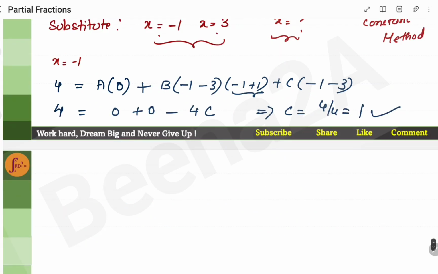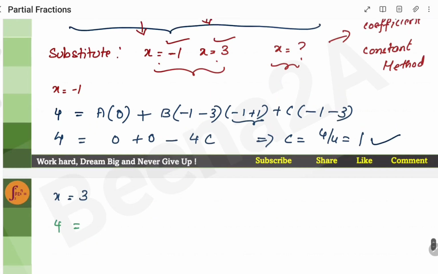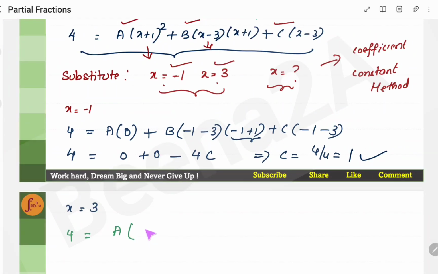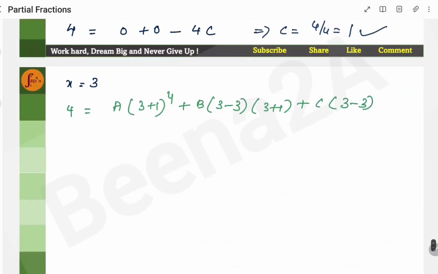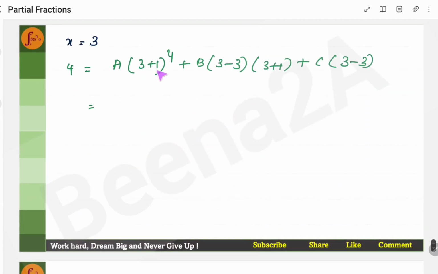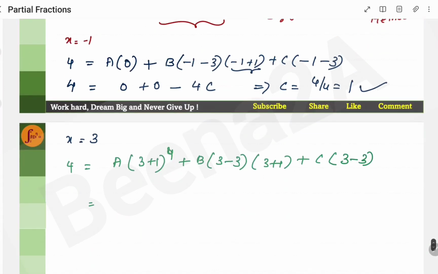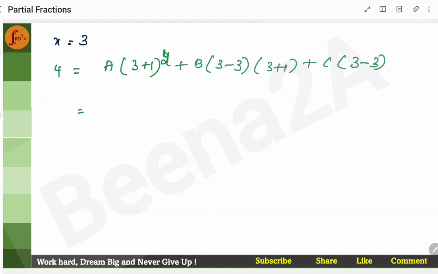Now let's take second value, x is equal to 3. So 4, x is equal to 3. I'll get a into 3 plus 1 the whole square plus b into 3 minus 3, which is 0, plus c into 3 minus 3. So this will become 4 square, which is 16. 16a.